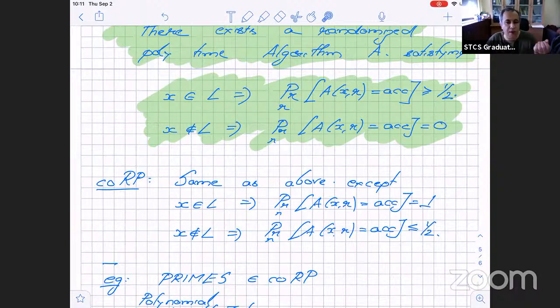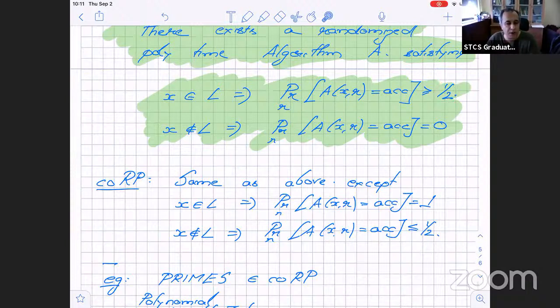Suppose I give a definition of a randomized algorithm with respect to half, and somebody else comes and says, I will use 1/4. Is the corresponding class going to really change? I want to say no. Because suppose somebody gives me a thing where in the yes case the probability is half, and somebody else wants this number to be 3/4.